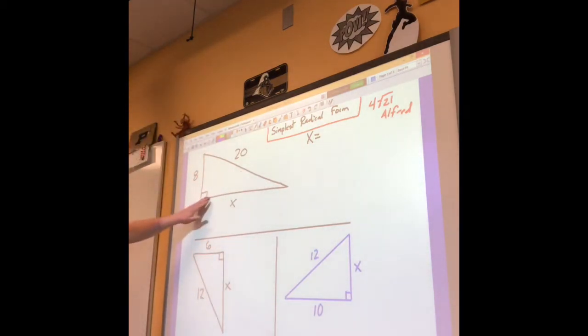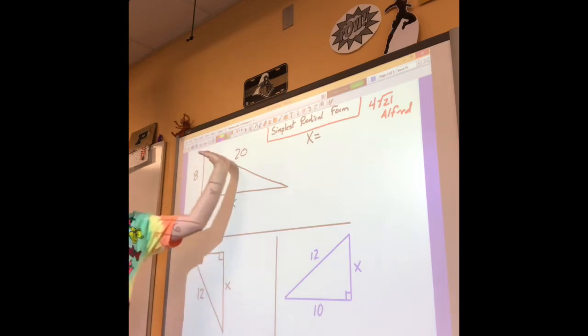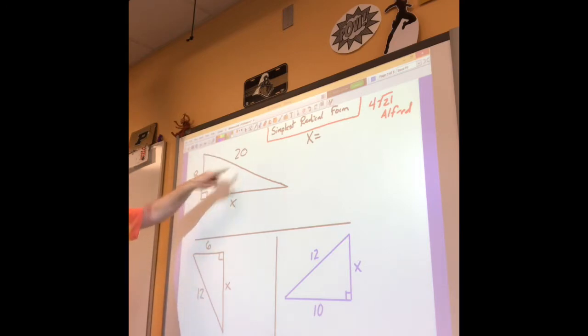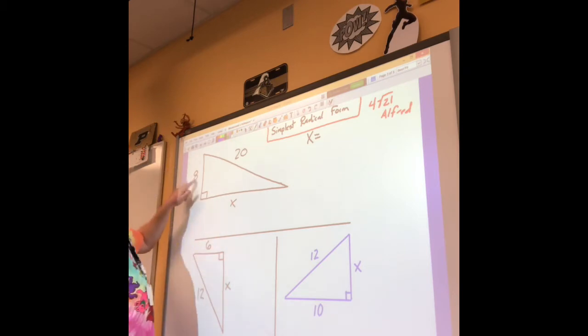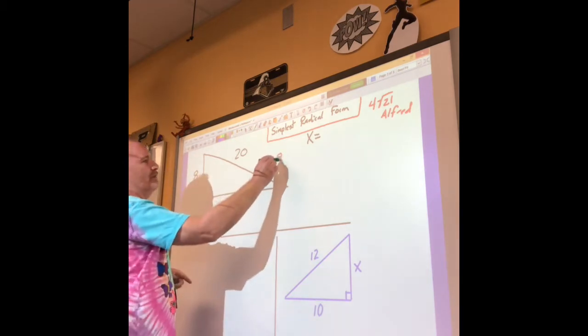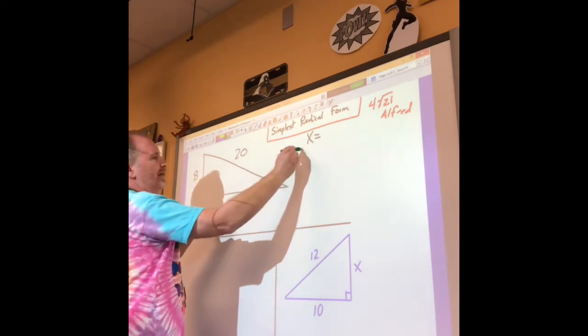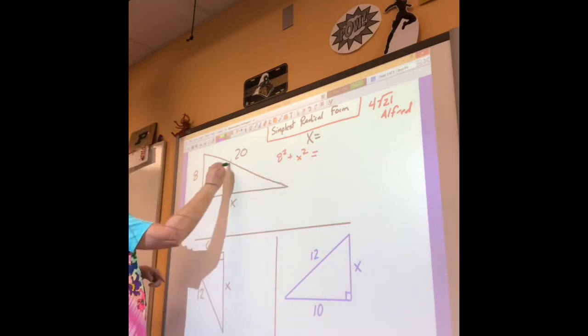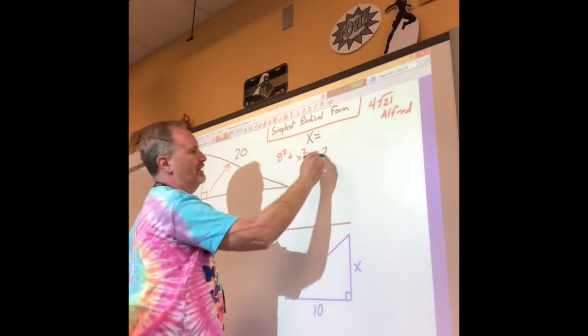And again, this is another one where the leg is missing, all right? Hypotenuse, we know that would be your C if you're an a squared plus b squared equals c squared kind of person. A and B, you can switch those up, it doesn't matter. But I'm going to go ahead and do leg squared plus leg squared, so 8 squared plus x squared equals the hypotenuse squared, which is 20 squared.